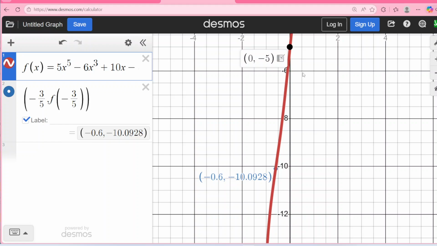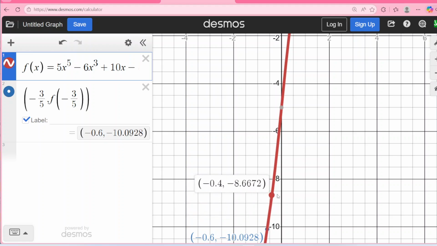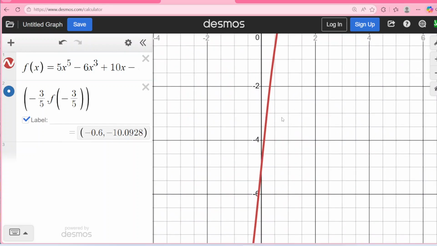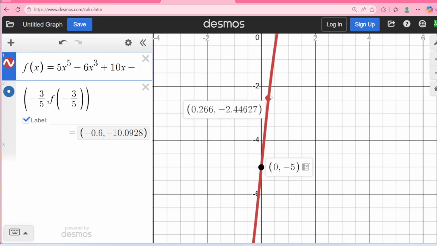Up until (0, -5) here. So from the point with x equals negative 3/5 up to the point where x equals 0, it's concave up. But then after this point, it's concave down again.